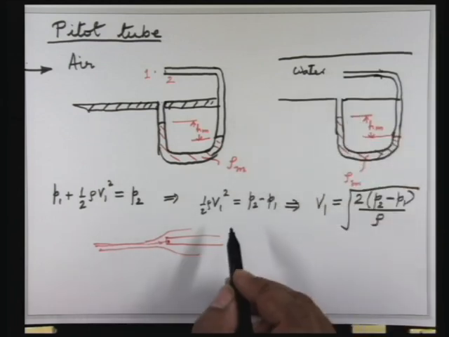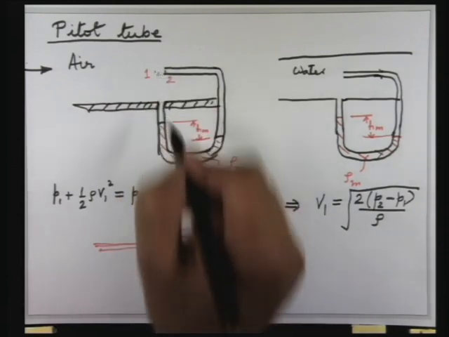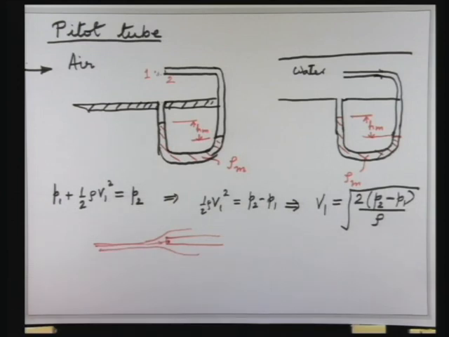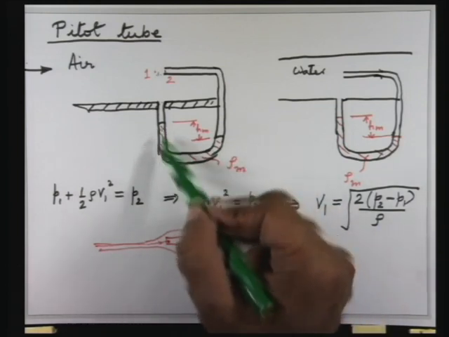Now let us see, you want to measure the pressure using the principle of a manometer. So consider this column of liquid over here which is at rest.